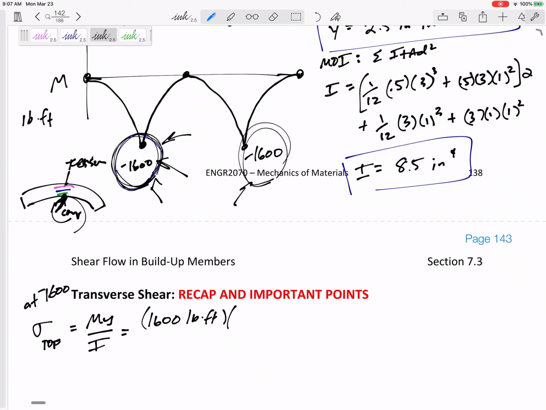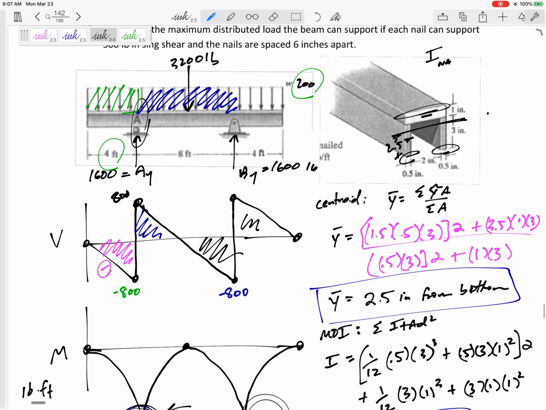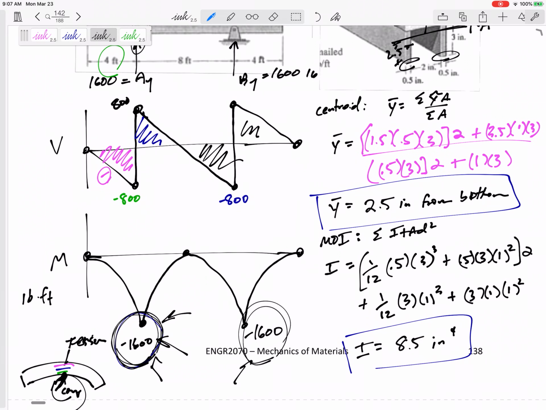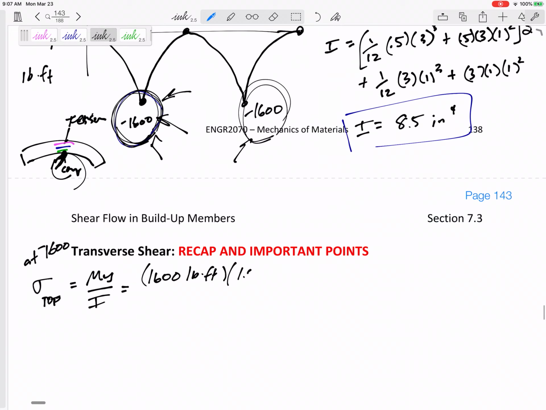The y value. At the very top, y is measured from the neutral axis. The very top, that y value is going to be 1.5. Y is just how far you get to the point you're interested in. If I'm interested at the top, then my y value is 1.5 inches.